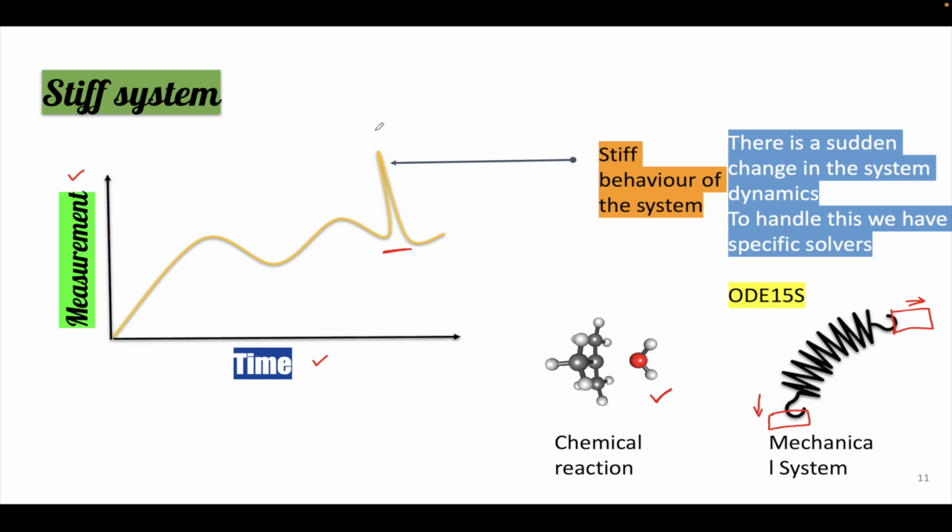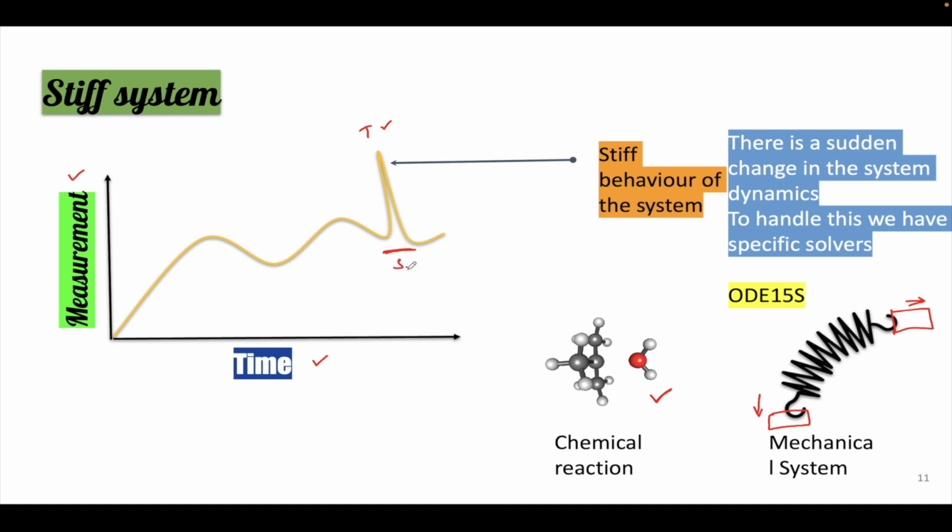In that case the amount of heat generated, or the temperature of the system, will be much higher compared to the normal temperature it should be at. At this moment there is a sudden increase in the temperature, and as this sudden increase is happening, we need to sample this particular system response at a different sampling rate.